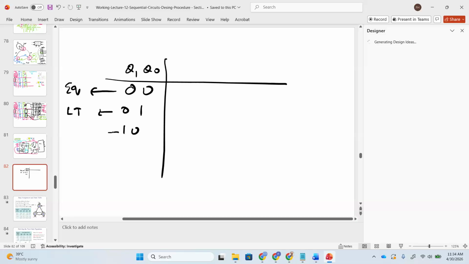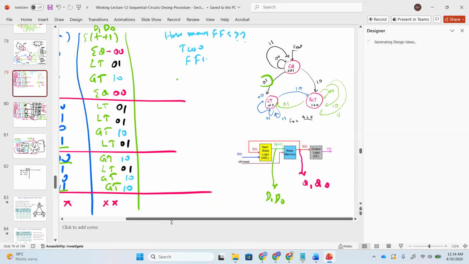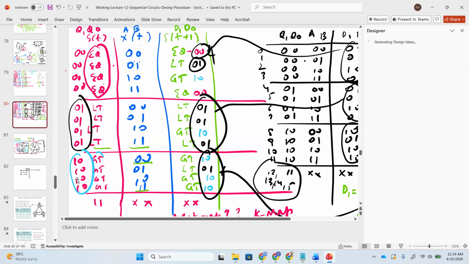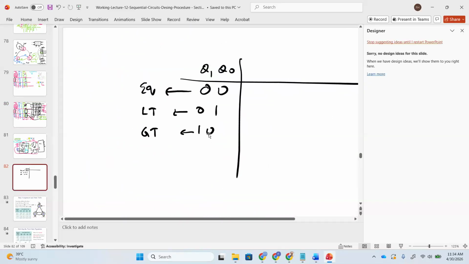And 1, 0, I am now in which state? GT state. Is it clear or not clear? Any question? Because this is based on the assignment. 0, 0, 0, 1, 1, 0. Clear?